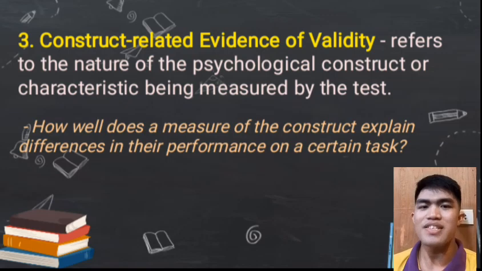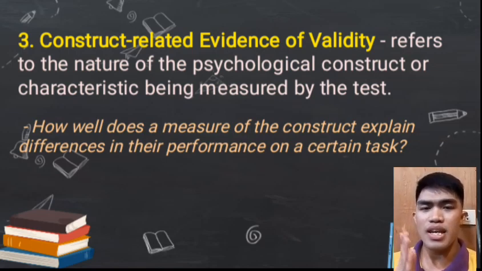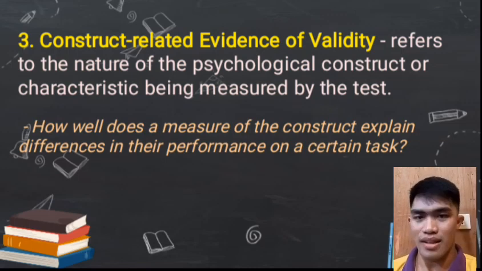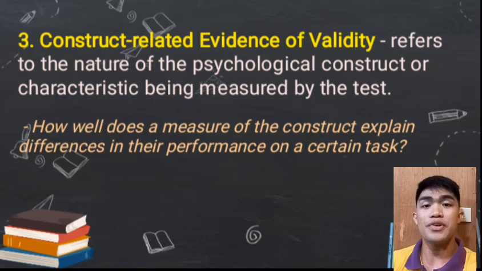In other words, construct validity is used to check the quality of the instrument, in which it measures the unobservable traits of our pupils, like their intelligence, reading comprehension, honesty, attitude, and their learning style. How will thus a measure of the construct explain differences in their performance on a certain task?